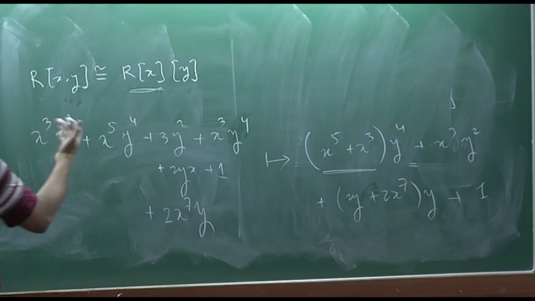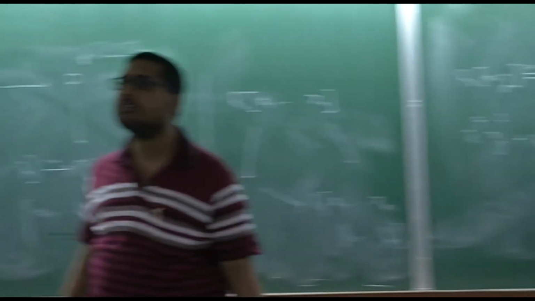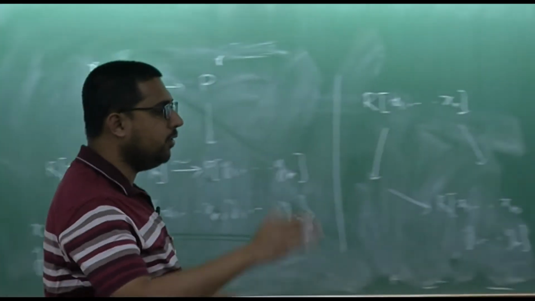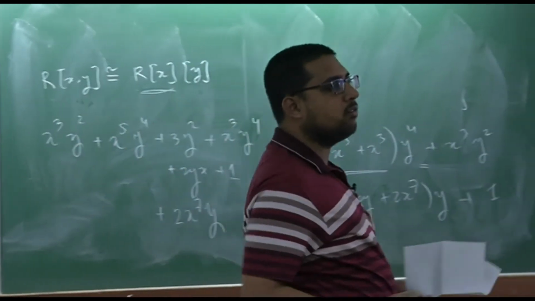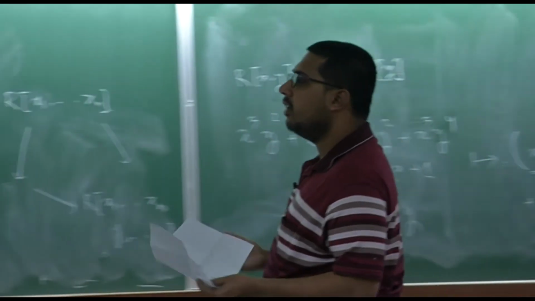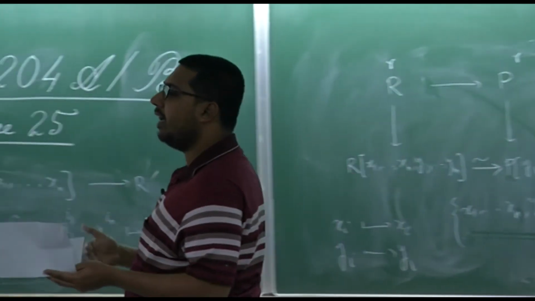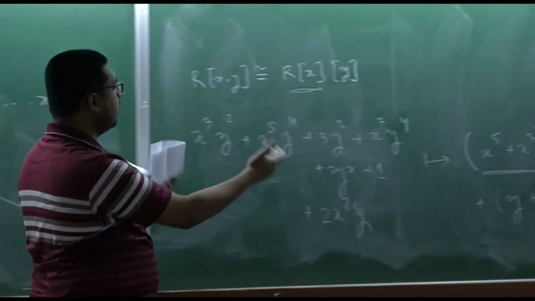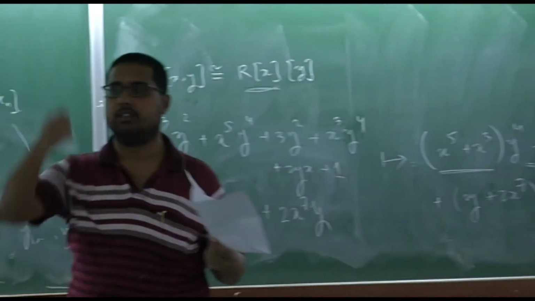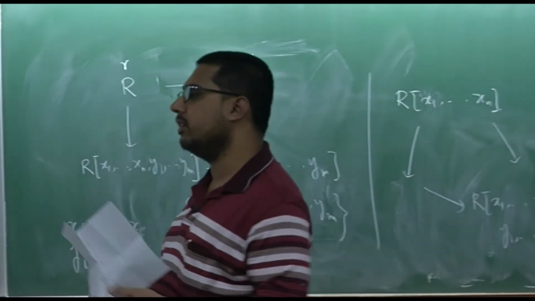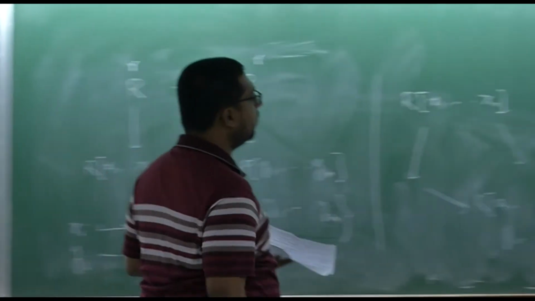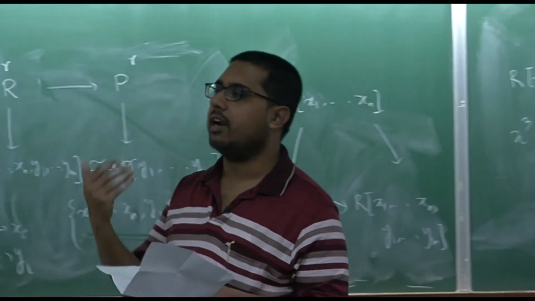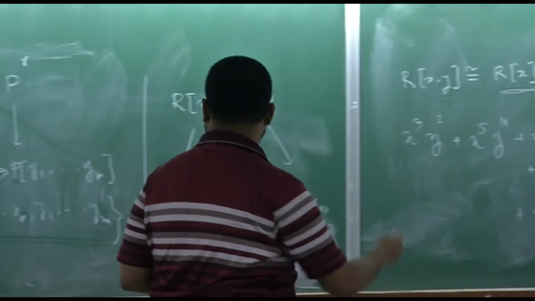So, starting with a polynomial in two variables, for the terms having the same power of y, we just add their coefficients. Here the coefficients are polynomials in x. So, we arrange the polynomial in this way. Once we arrange the terms so that the coefficients of the same power of y are added up, that is exactly going to show me how to view it as a polynomial with coefficients from R[x] in the variable y. Okay, the most obvious one.